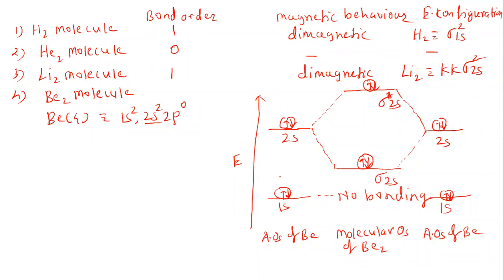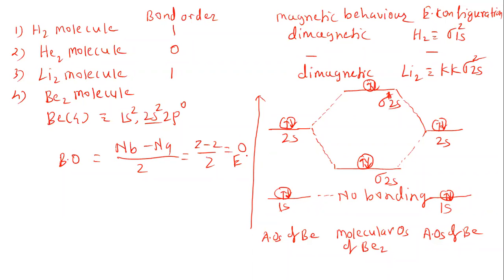On the basis of the MO diagram, we now calculate the bond order. Bond order is equal to the number of bonding electrons minus the number of anti-bonding electrons, divided by 2. We cannot count the inner-shell electrons, as there is no bonding there. So 2 bonding electrons, 2 antibonding electrons, divided by 2, equals 0.